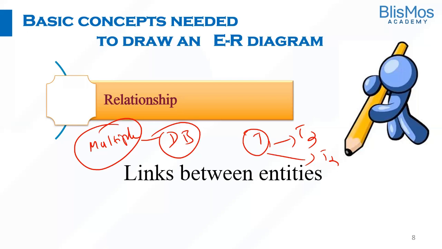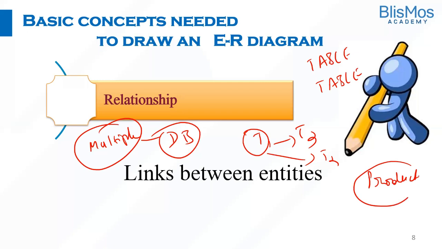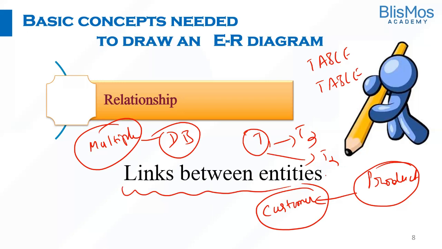No, we are talking about a relationship between one table to another table. Like if you have a product table that may be having a connection with the customer table. So in case of ER diagram, relationships link the entities.